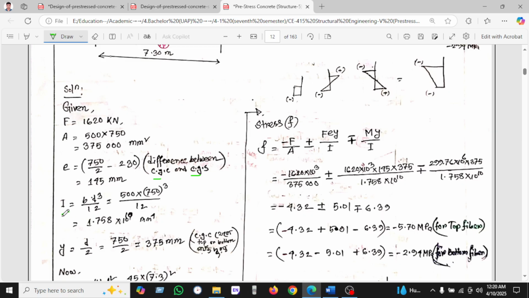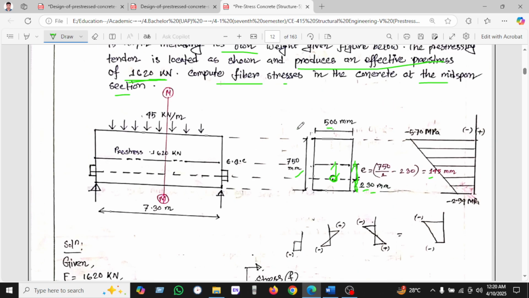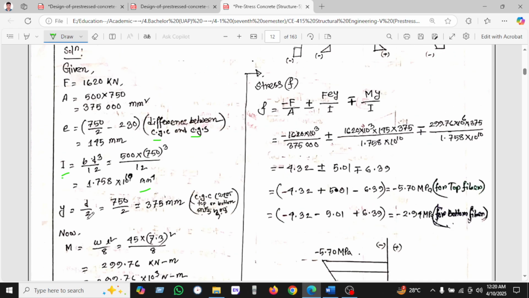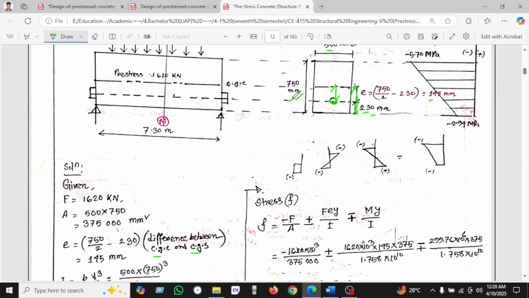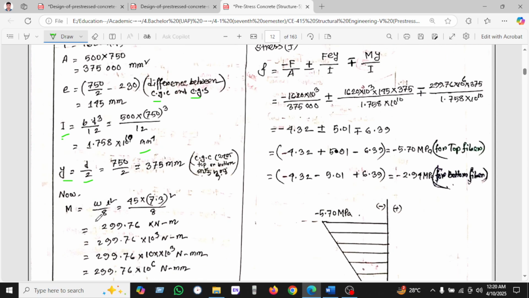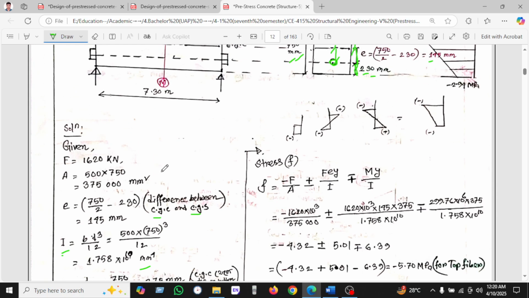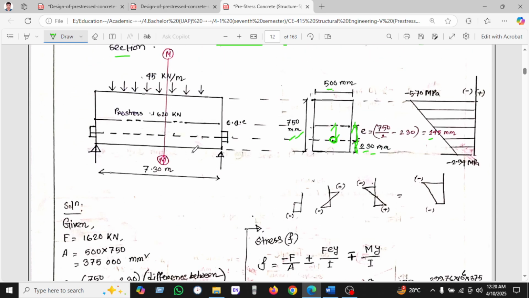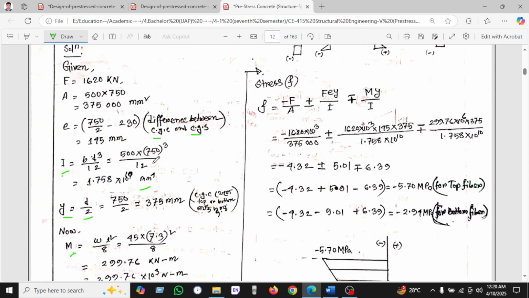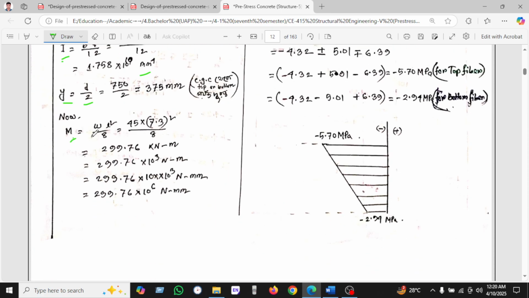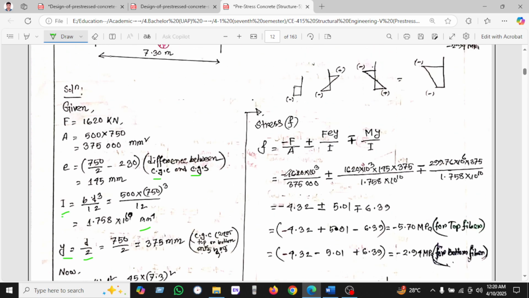The moment of inertia we find as bd³/12, as we have seen below, and y we find as d/2, as d is given as 750. Essentially, this is a uniformly loaded simple supported beam, that's why we use wl²/8 to find the moment.